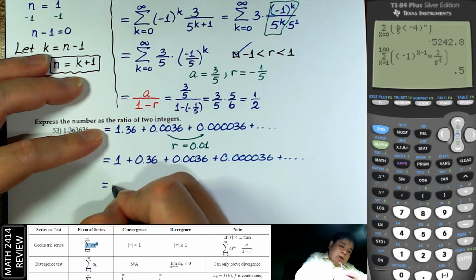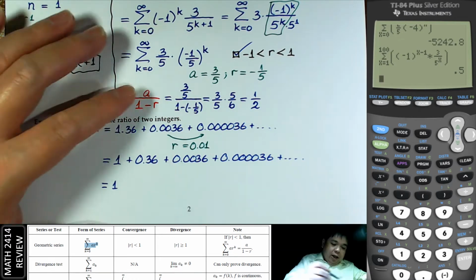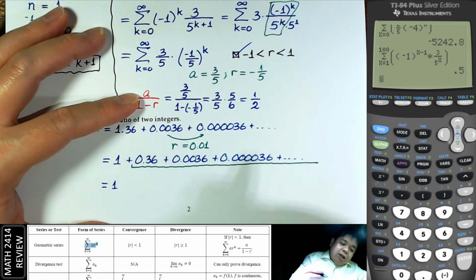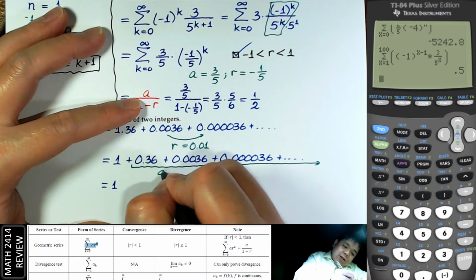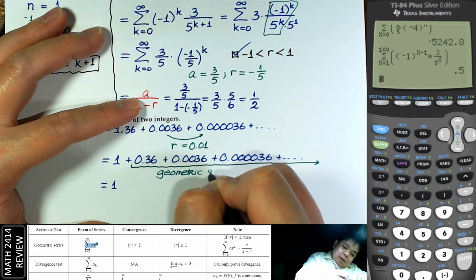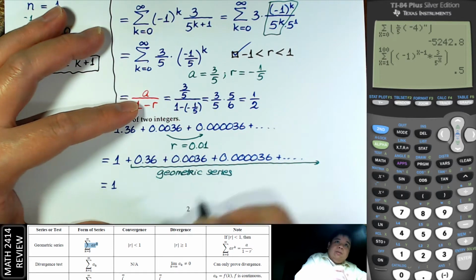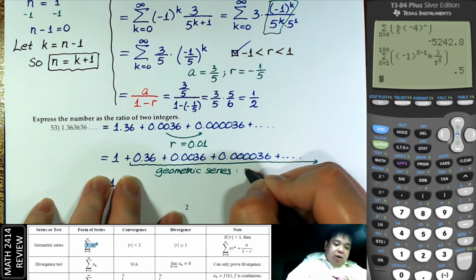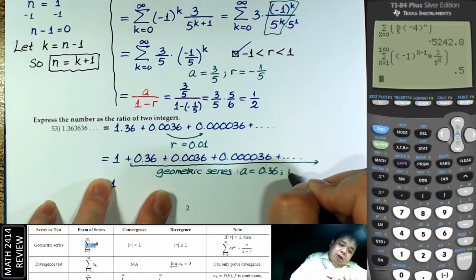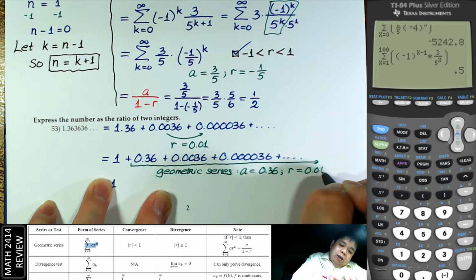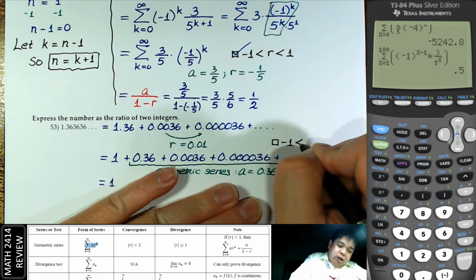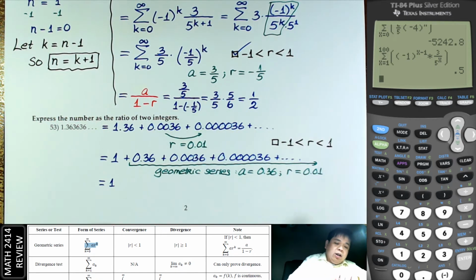Now excluding the 1, the rest here is a geometric series. It is a geometric series where the first term is 0.36 and the ratio is 0.01, and as always we check that the ratio is between -1 and 1, so we can use the formula.